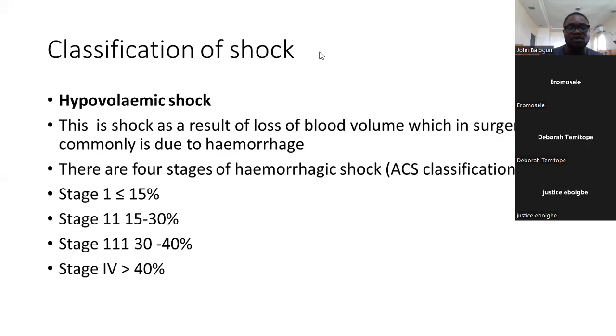Stage 3 is within 140 and 160. Stage 4 is greater than 160. Then for the BP, it's within 120 to 100, 100 to 80, 80 to 60, and less than 60.